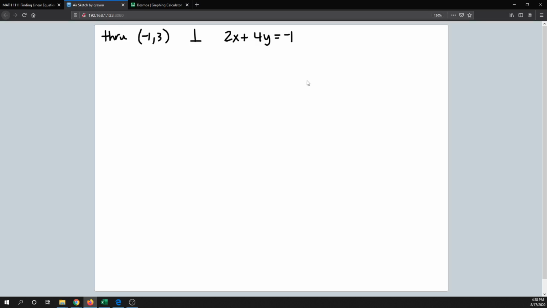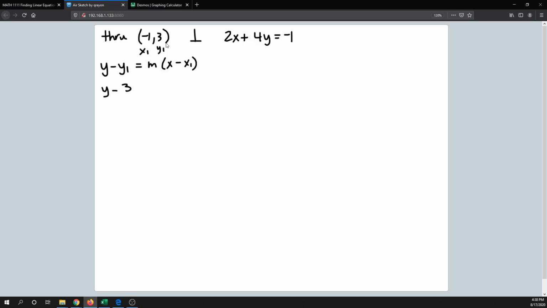Okay, so again, what we want to do, we're looking for the equation of a line, right? We can start with the point slope form. In the point slope form, all we need is a point that's on the line, and we're already given that, right? We're given that this point -1, 3 is on the line. So this would be x1 and y1, the point that we're given, and we can just plug those numbers in.